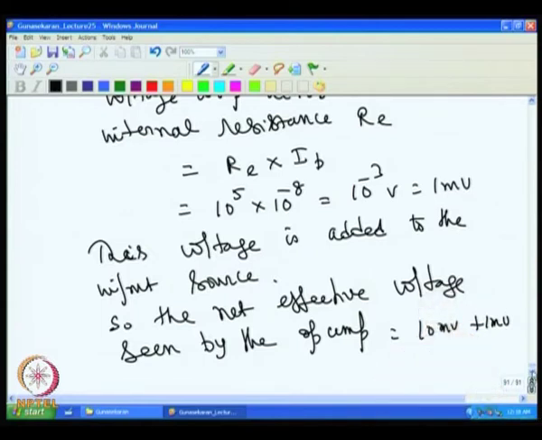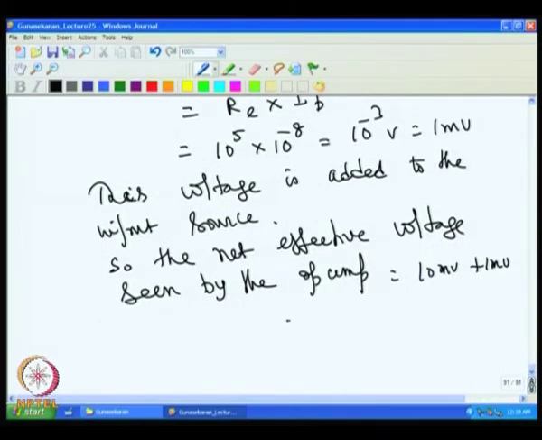So, you see compared to 741, this is totally different.